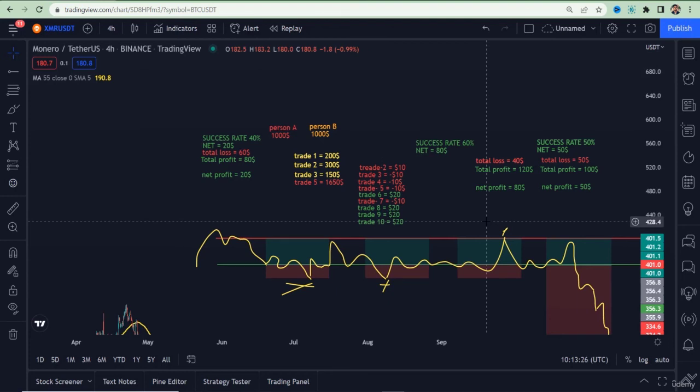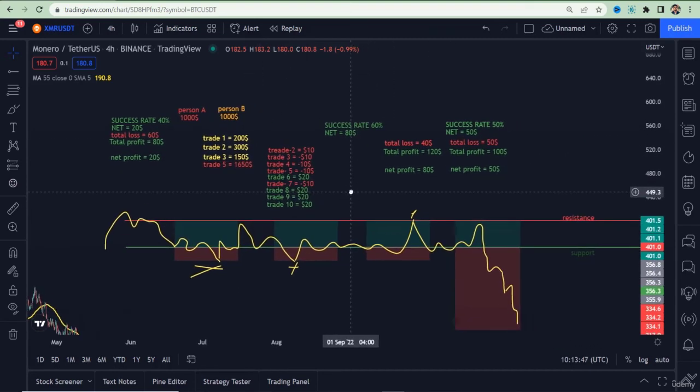You can do the math. You just need 3 trades to be at break even, and you need 4 trades to be a successful trader to make a $20 profit depending on a $1,000 portfolio. Now imagine having a $5,000, $10,000 portfolio. You can multiply that. So this is the power of risk management.